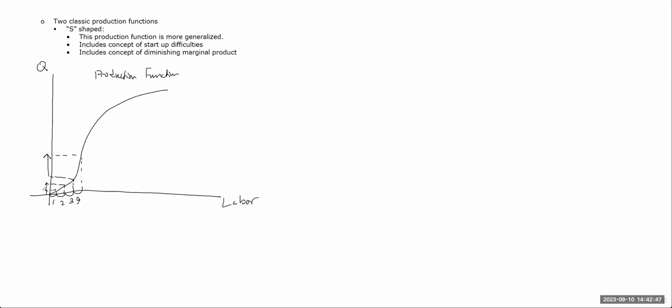That first person the increase was small, but going from 3 to 4, the increase was massive. And that's because when you had the first 3 people, we had startup issues. Then we got over that startup issue problem.